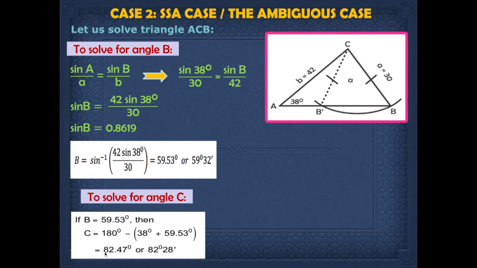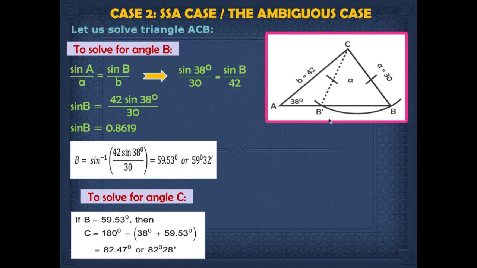So therefore, angle C will be equal to 82.47 degrees or 82 degrees 28 minutes. Okay. So we now have angle A, angle B, and angle C.